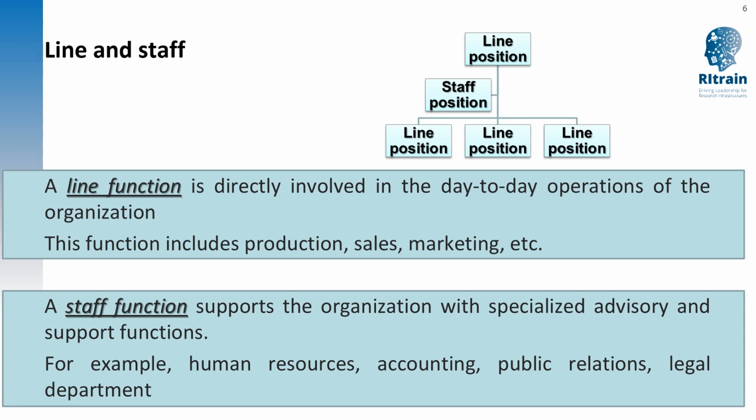Staff personnel use their technical expertise to assist line personnel and aid top management in various business activities. Staff managers provide support, advice and knowledge to other individuals in the chain of command. An example of a staff manager is a legal advisor.